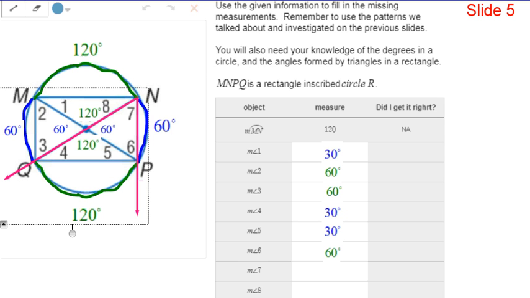So remember, the angle is half the intercepted arc, which means it would be 60 degrees. Then our angle 8, another inscribed angle, the vertex is on your circle. The intercepted arc it has is 60 degrees. Half of that amount should represent the angle measurement, so half of your 60 would give you your 30.